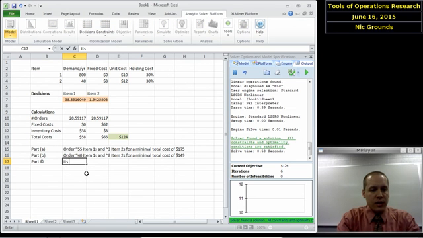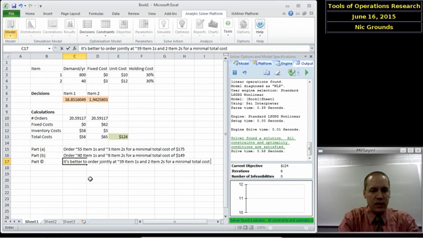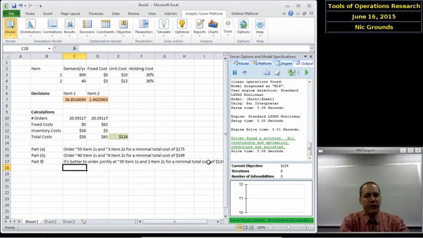So I would say something like, it's better to order jointly at let's say 39 item 1s and 2 item 2s for a minimal total cost of $124. Okay. So obviously $124 is less than $149 that we had before, okay, with the non-joint ordering.